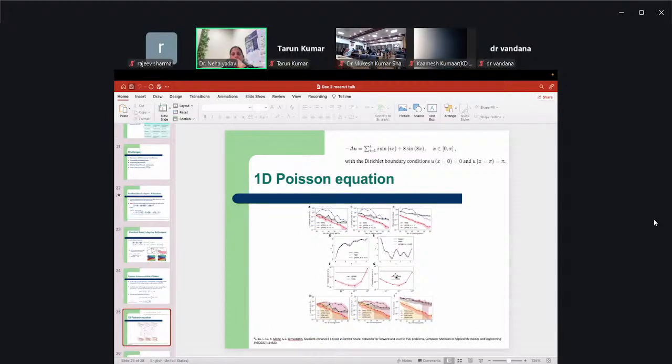Now, based on this idea of GPINNs, GPINNs have been applied to several other problems, and already to many engineering application problems.